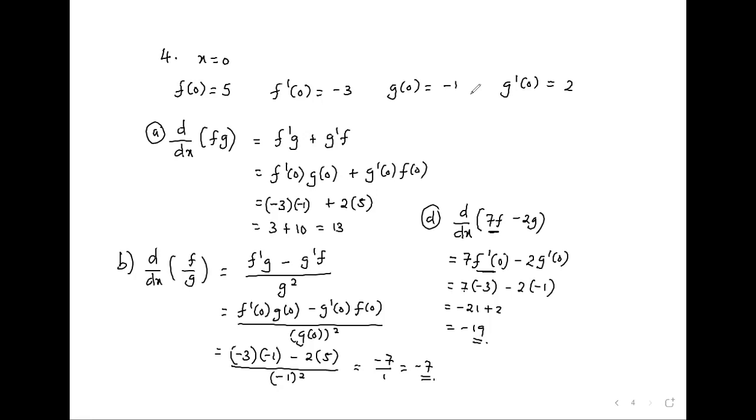So I repeat D, this 7F we are seeing is 7 times the function. So 7 is just a coefficient. So you differentiate F, you have 7 times the derivative of F minus 2 times the derivative of G. Then the derivatives of F and G are given as values here.